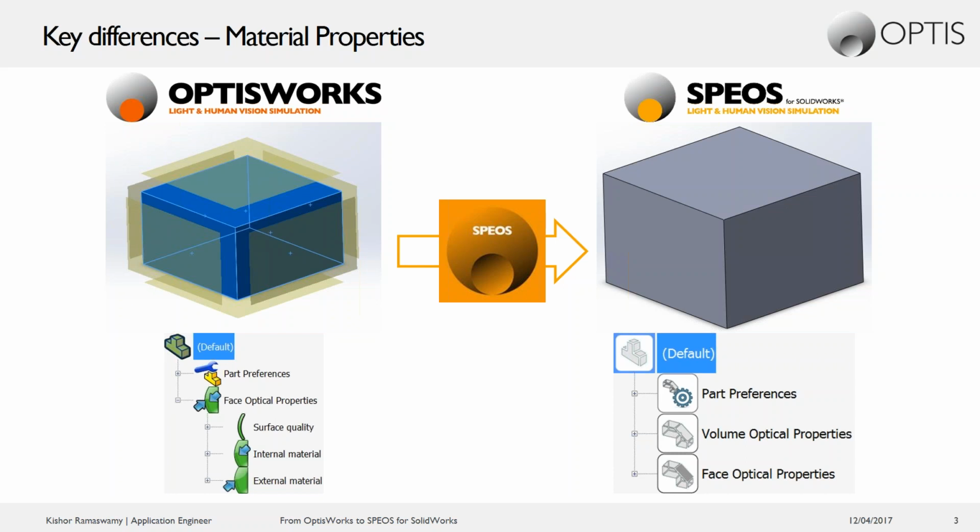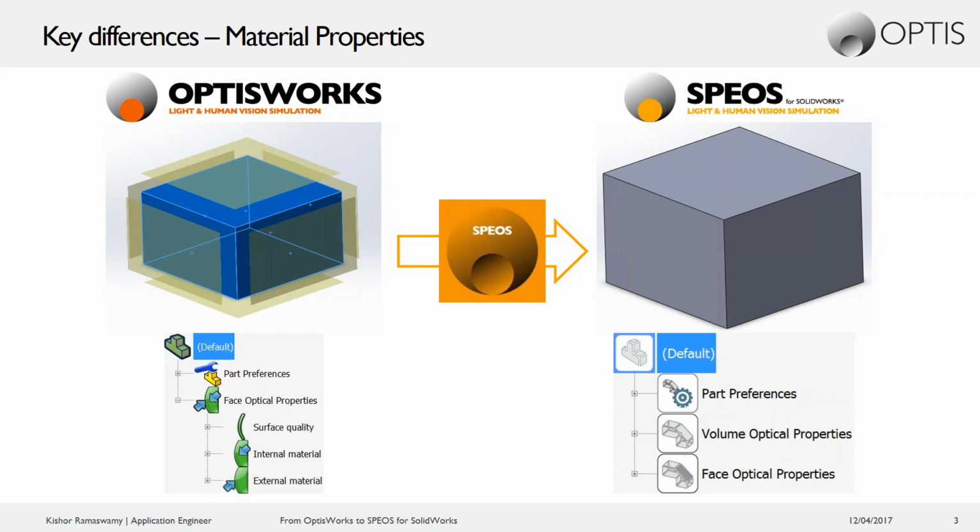In SPEOS for SOLIDWORKS, we've transitioned into a solid-based modeling approach. So in this case, instead of optical properties being applied to surfaces, they are now applied to solid bodies. So we have volume optical properties and surface optical properties instead of surface quality, internal material, and external material.